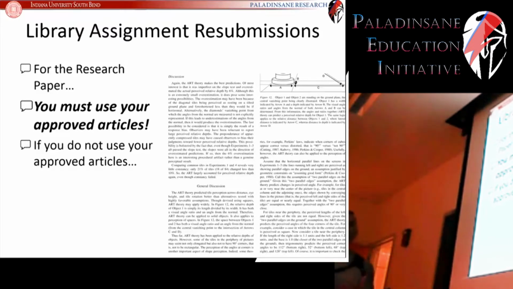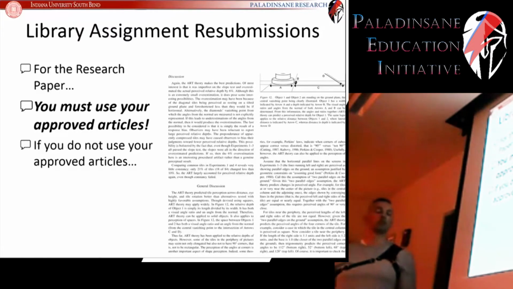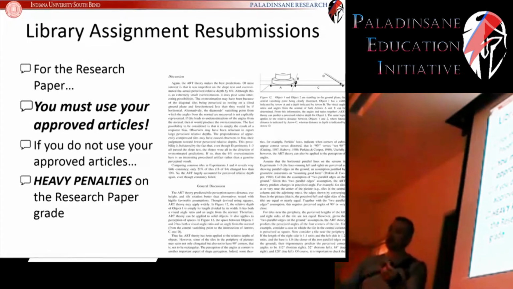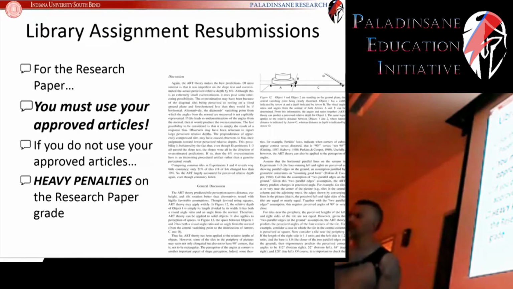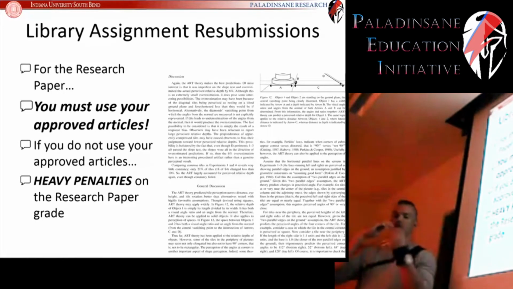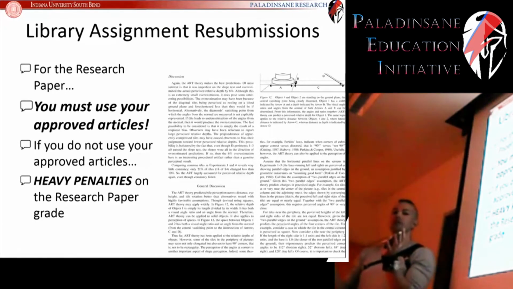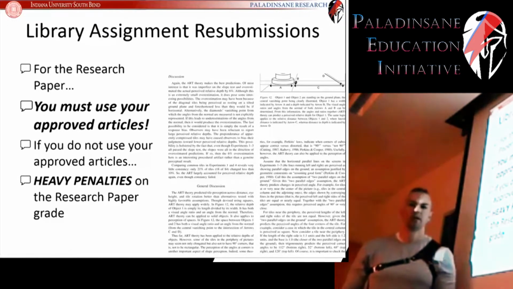If you decide not to use one of the approved articles, there are again heavy penalties on the research paper for substituting in your own alternative articles. If you find new articles and think, oh wow, this would really make my research paper stronger, by all means use them, but those are in addition to the ones that have already been approved.